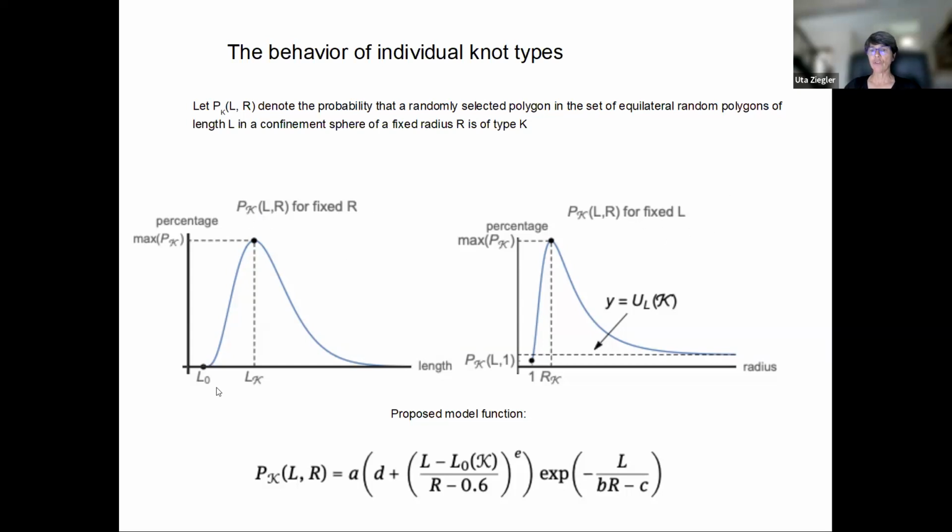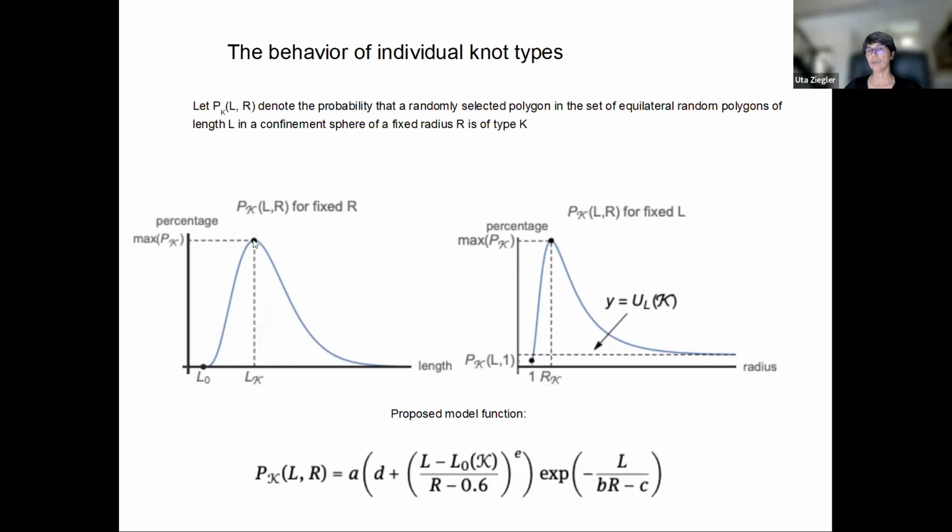So if we have a fixed radius, we cannot make a knot if the length of the polygon is not long enough. So you need to have at least stick number many edges. And so the knot is then generated, and the longer the length is, the easier it is to generate the knot, and that's why the count increases.